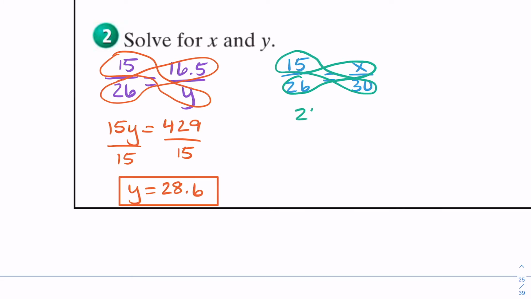Now we have 26x equals 450. So x equals 450 divided by 26. Wait a minute. Yeah, 450 divided by 26.